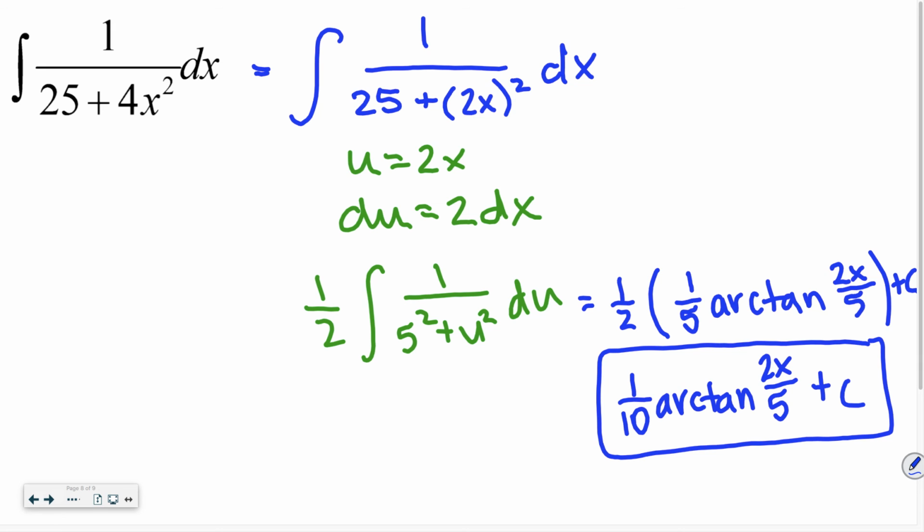This would be on that same playing field, where once you've done enough of these, when it's just the 2x that's being squared, you might be able to skip writing down that u substitution step. But if you have, like that example when we had 2x cubed squared or whatever it was, you would definitely need to show that u substitution.